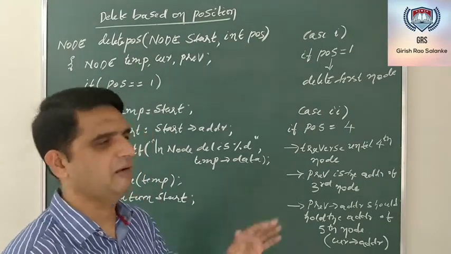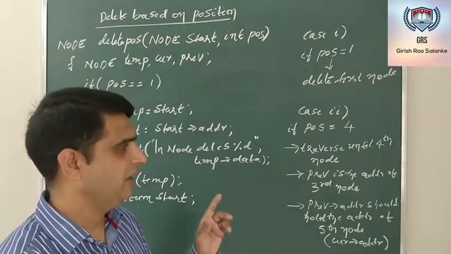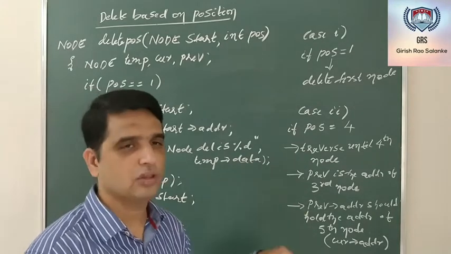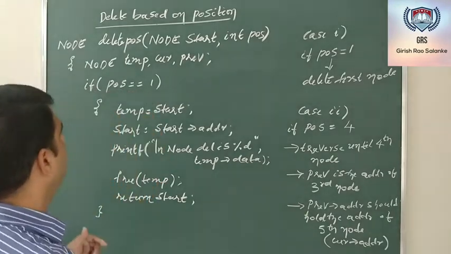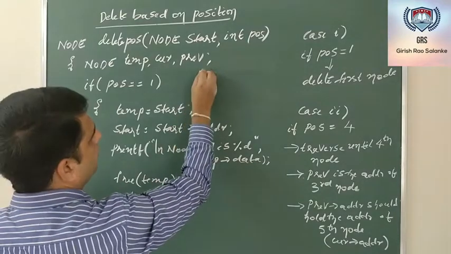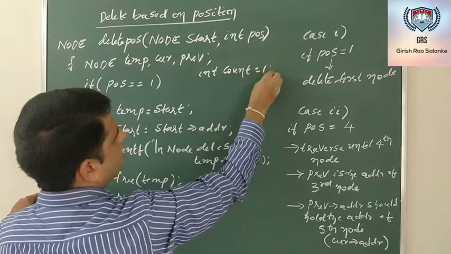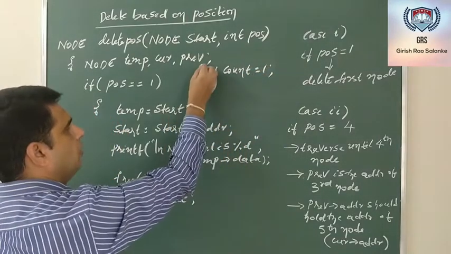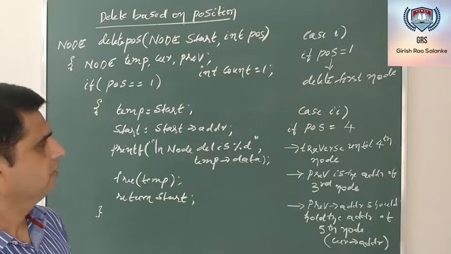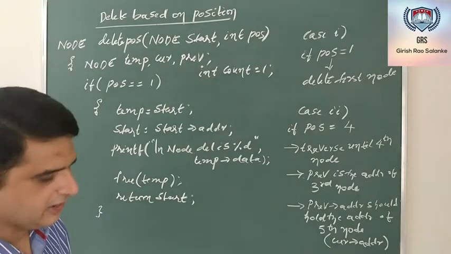If not, I need to traverse. So here I need to traverse until I get the fourth node. What we need is a variable by name count, which is initialized to 1. Count is equal to 1. I will come up with the second case.